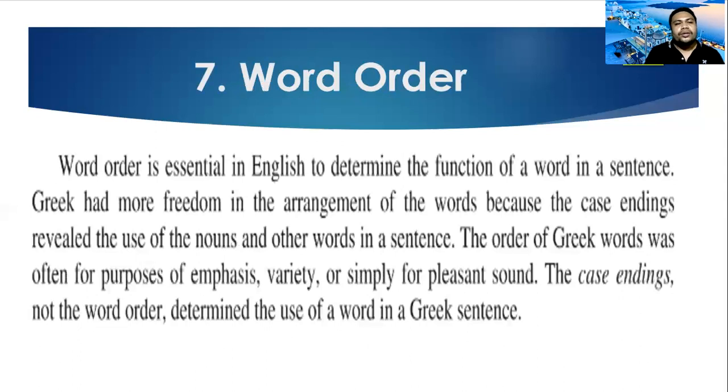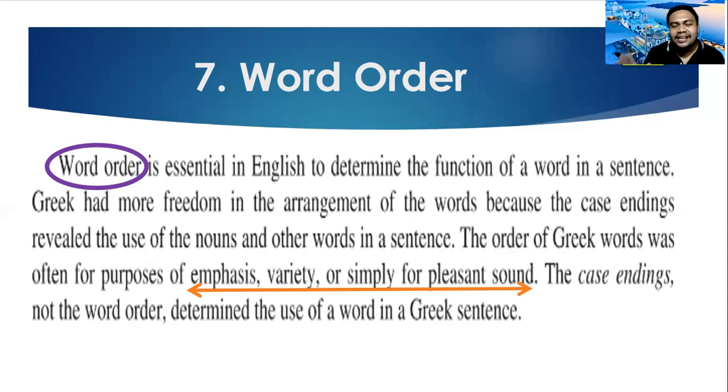So let's take a look at the word order. Word order is essential in English to determine the function of a word in a sentence. Greek had more freedom in the arrangement of words because the case endings revealed the use of nouns and other words in a sentence. The order of Greek words was often for purposes of emphasis, variety, or simply for pleasant sound. So it's the art of using it so that it would sound pleasing to the ear.